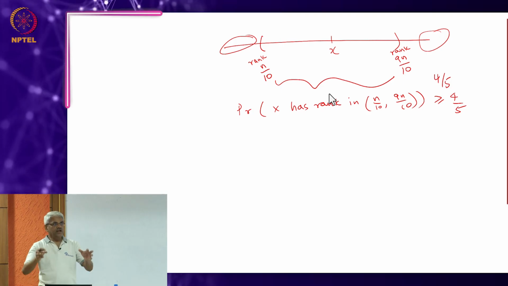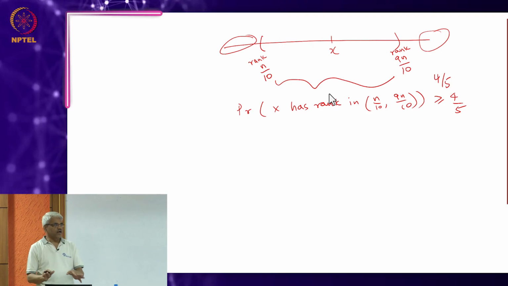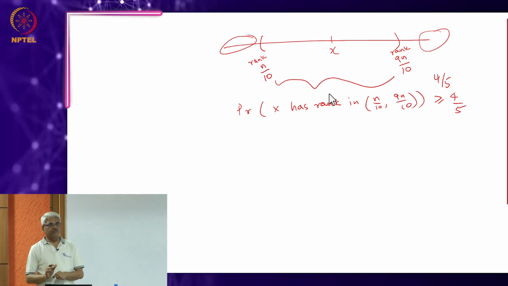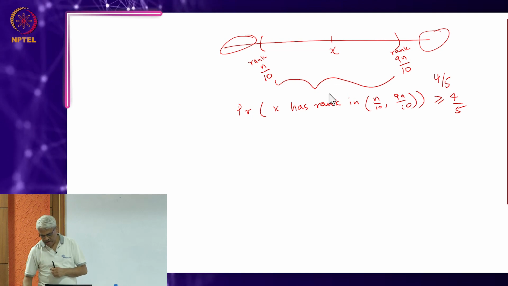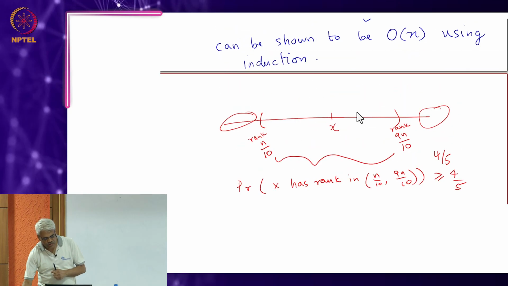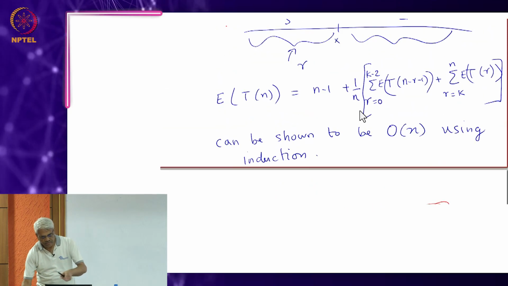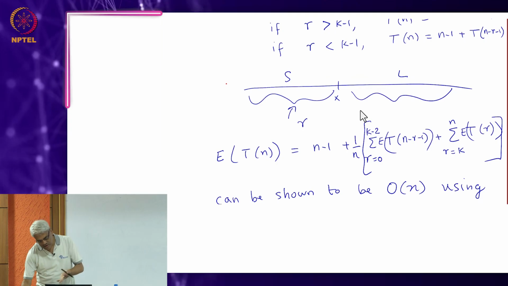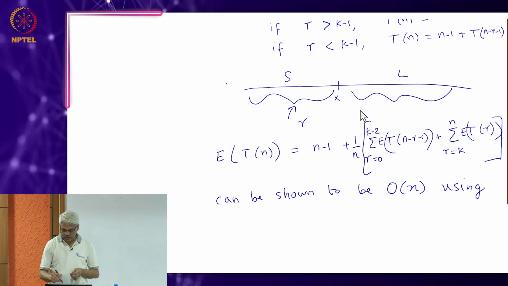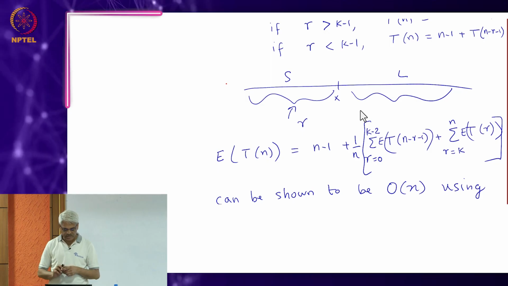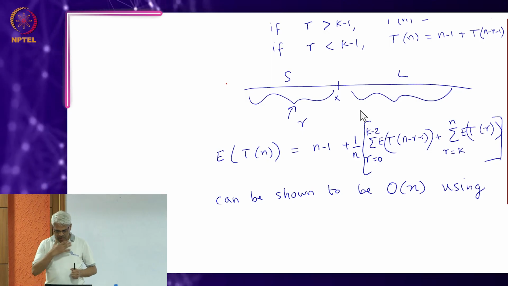And when you do that, the recurrence turns out to be a good recurrence, because you end up throwing away a fraction of the elements, and that's the intuition for why you get a linear time solution for this recurrence. But you really have to solve this, and solving this is just induction, right? So assume it's at most Cn, and then you do some calculations and you will realize that it works out fine.